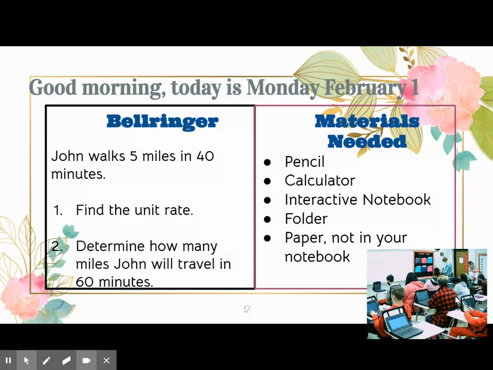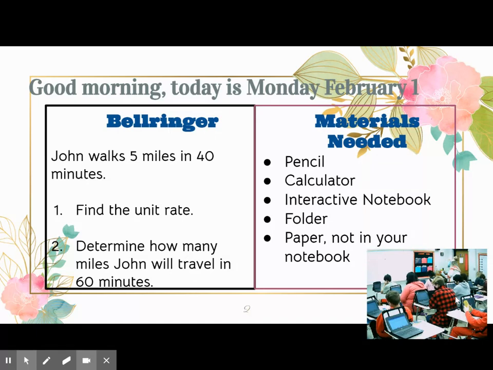Alright. Okay, get out your notes and go to ratios, 5.1 ratios. Okay, so equivalent ratios have the same rate.